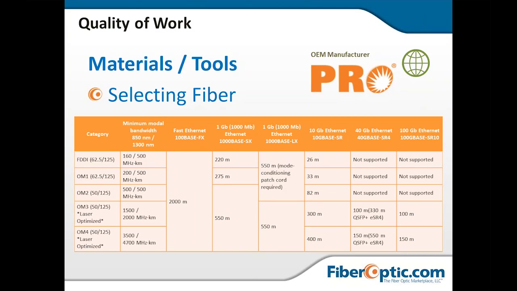And 100 gig is something that we're seeing pop up quite frequently nowadays. And again, look at our distances. We're really only looking at about 150 meters at a best case scenario for 100 gig. So again, I would recommend you talk to a design professional. Contractors are great. Contractors are installers.